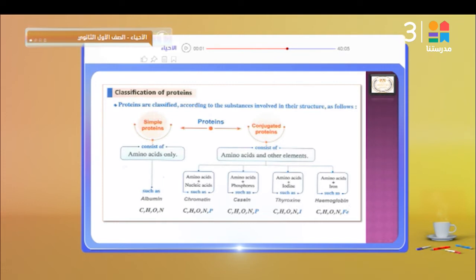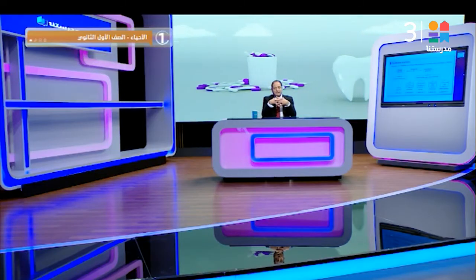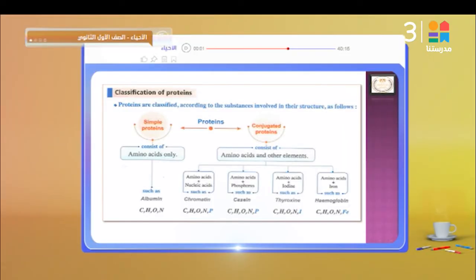Conjugated proteins. What do I mean by conjugated? Partners connected to each other: amino acid plus another element. For example, number 1, hemoglobin: amino acid plus iron element.